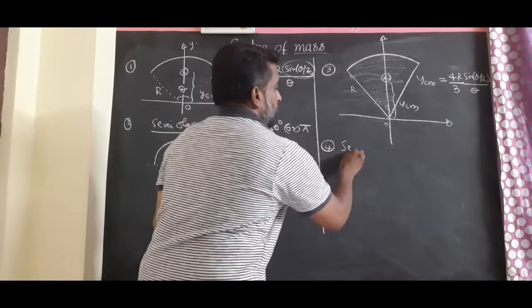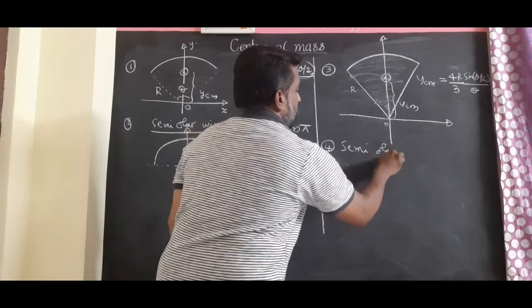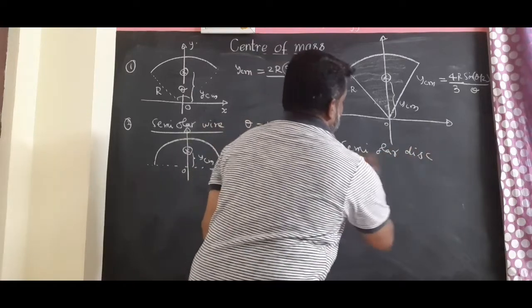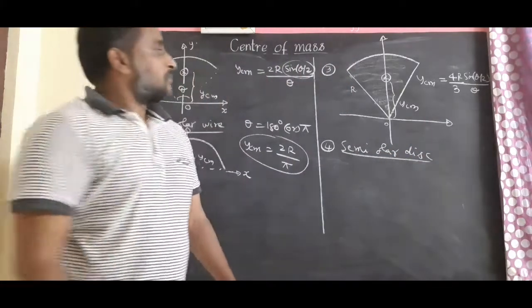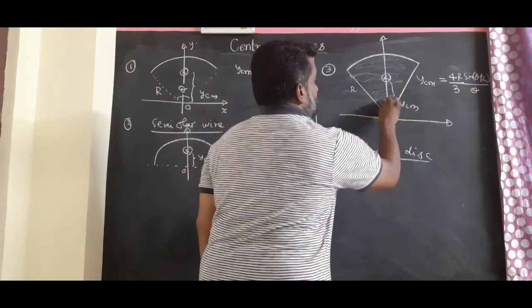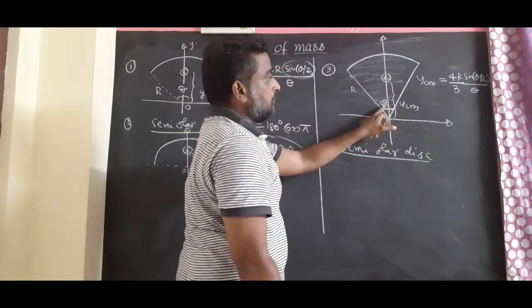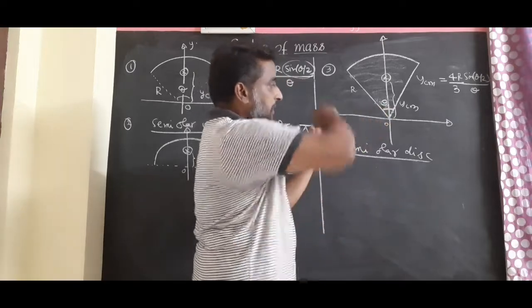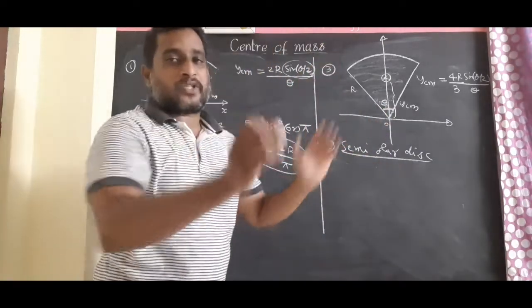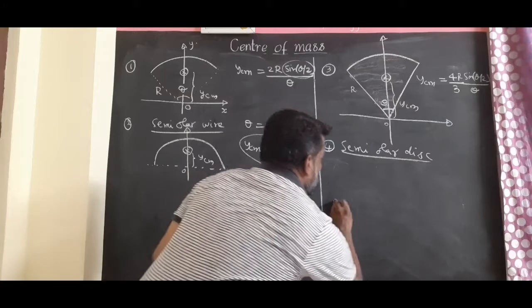Fourth one will be the semicircular disc. See, this angle is theta. When this angle theta is 180 degrees, that sector will spread and it will form a semicircular disc.